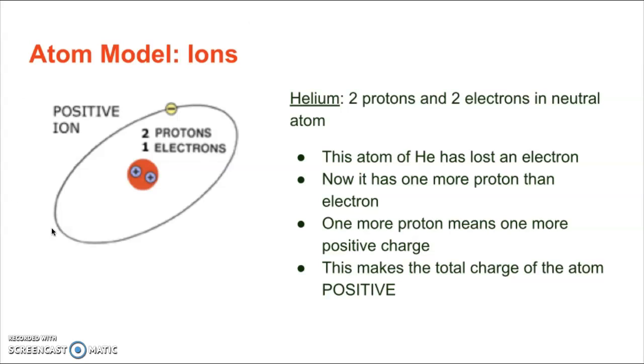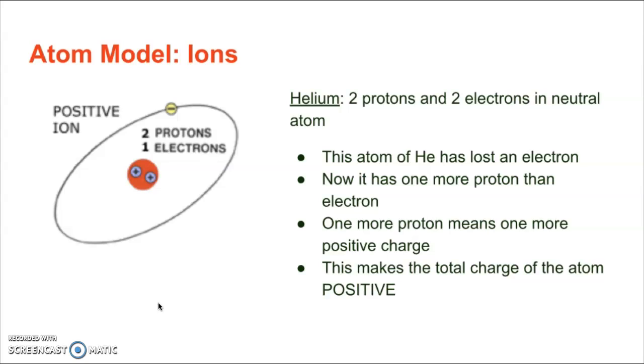If I look at this diagram on the side, I have 2 protons in my nucleus, but around my nucleus where my electrons lie, I only have 1. So I am no longer a neutral atom. I have lost an electron. I now have 1 more proton than I do electron.